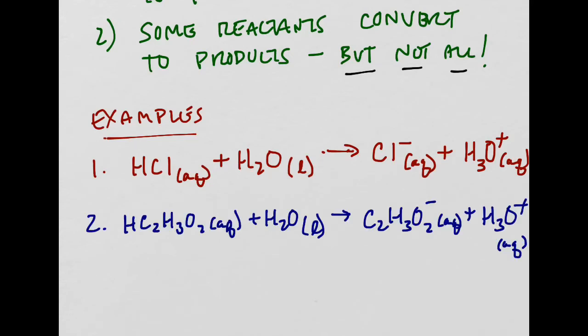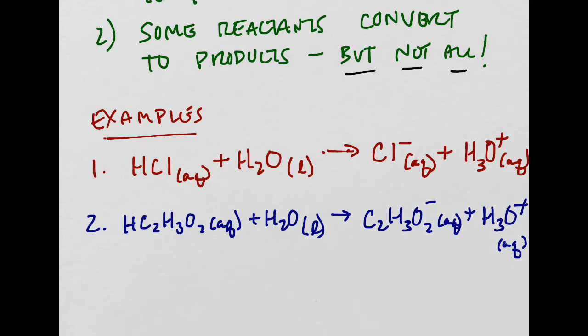And with a second reaction here, I show something called acetic acid. So HCl, you all know, is hydrochloric acid. Acetic acid, also an acid, is going to combine with water, and it forms the acetate ion, which is this one right here, and also the hydronium ion, just as we saw in reaction number 1. So you would think that these would be reactions that behave in the same way.